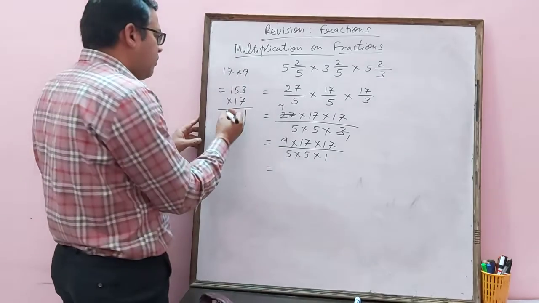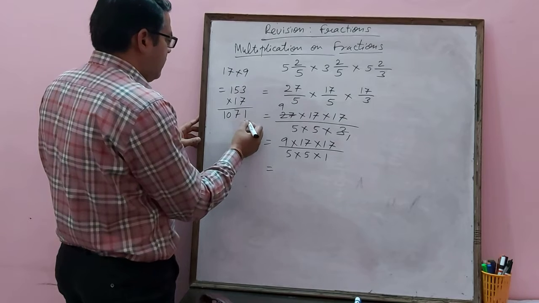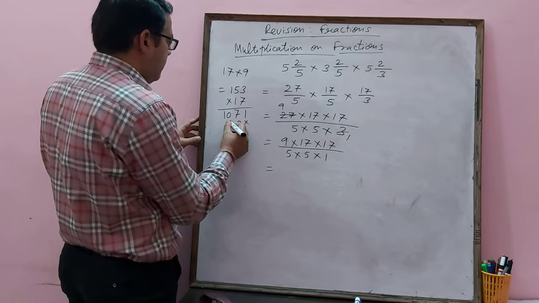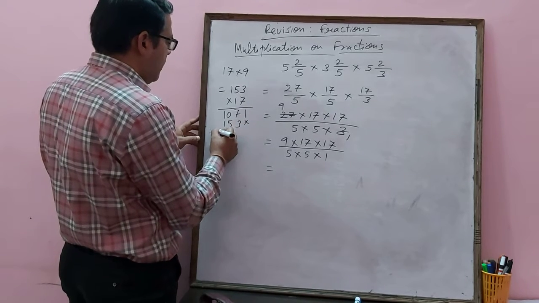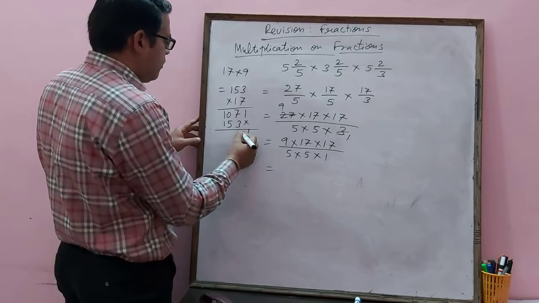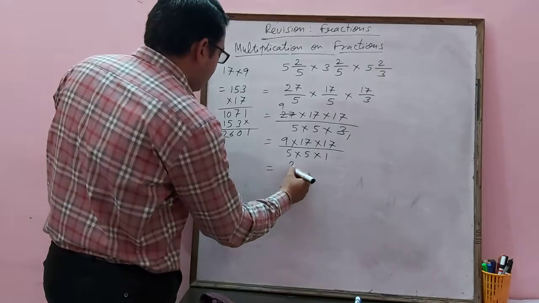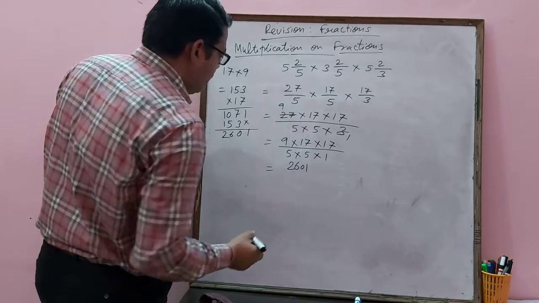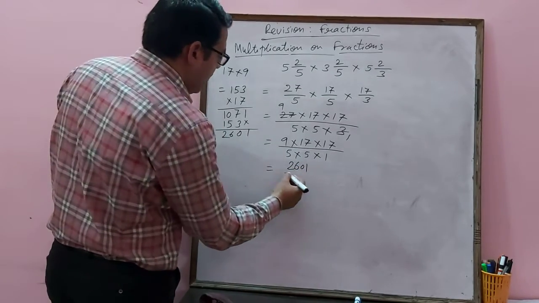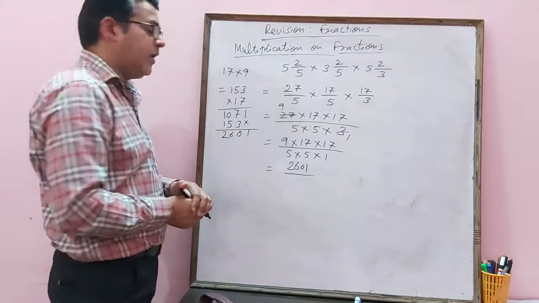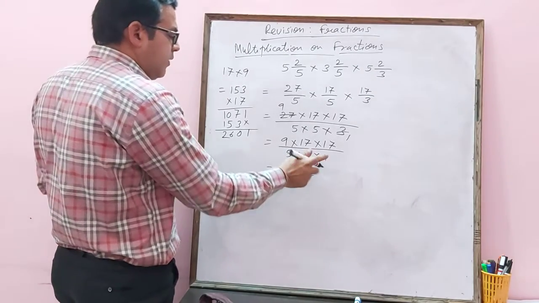Carry 3. 7 1s are 7 and 3, 10. So 1 0 3 5 and 1 we can write as it is. 1 1 0 6 and 2. So after multiplying 17 with 9 and by 17 we have 2601, and downside 5 5s are 25 into 1.